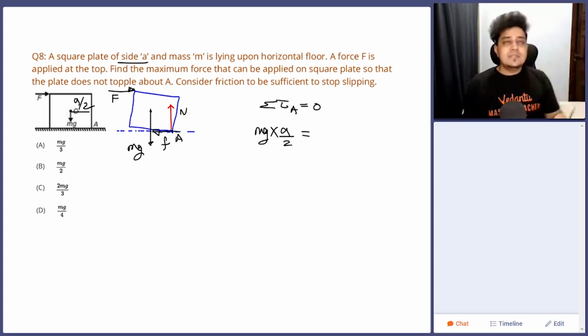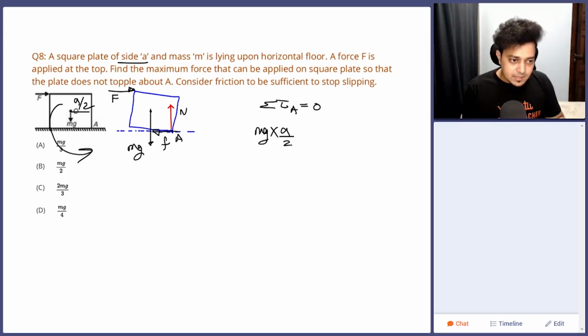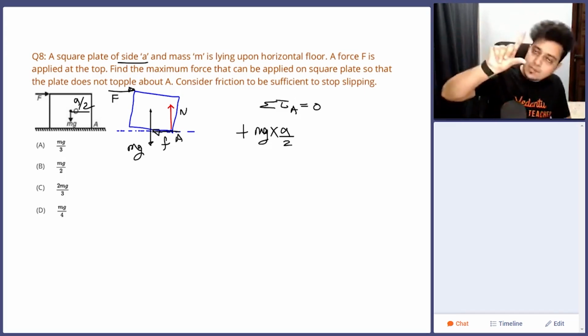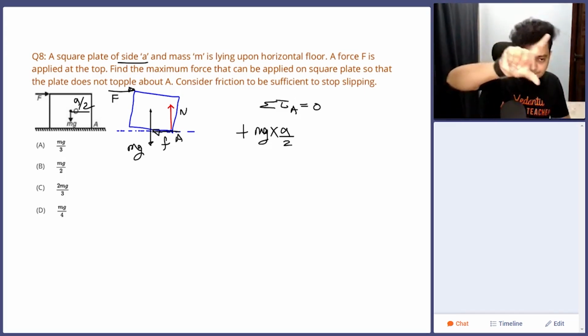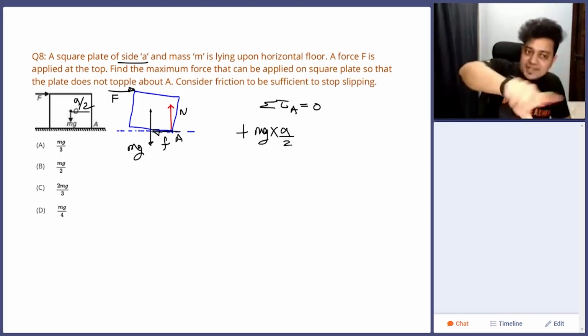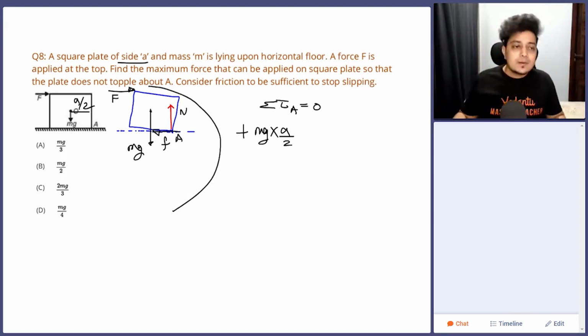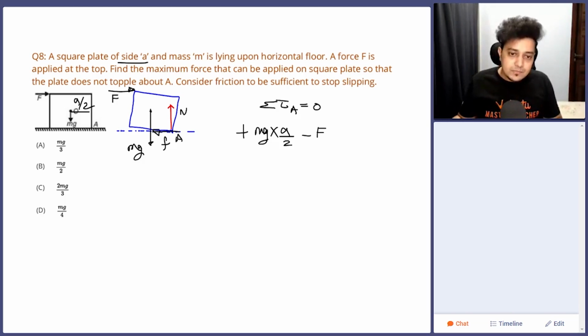Then F is at a perpendicular distance of A. By the way, torque produced by mg is in anti-clockwise sense, so positive, and torque produced by F will be in clockwise sense. Again, same thing. Keep your thumb on point A and move your index finger in the direction of force. So if you rotate in the direction of force, it is clockwise. Clockwise is negative. So force multiplied by perpendicular distance will be this distance A. Okay, equal to 0. Clear, everybody?